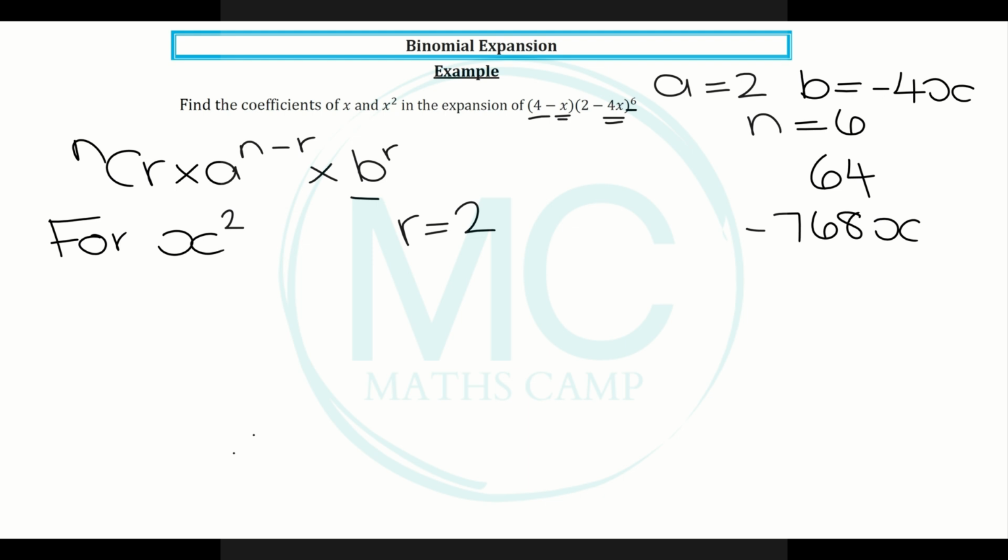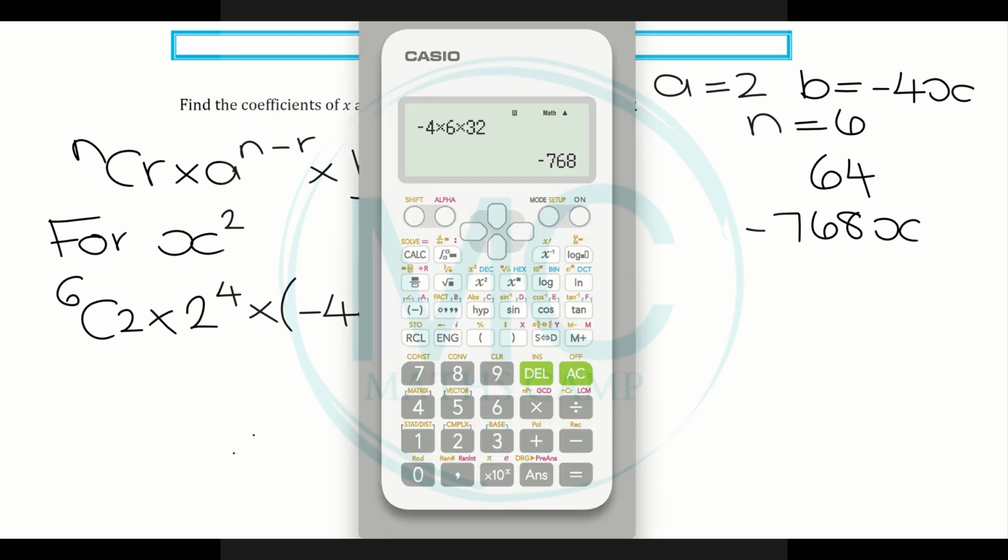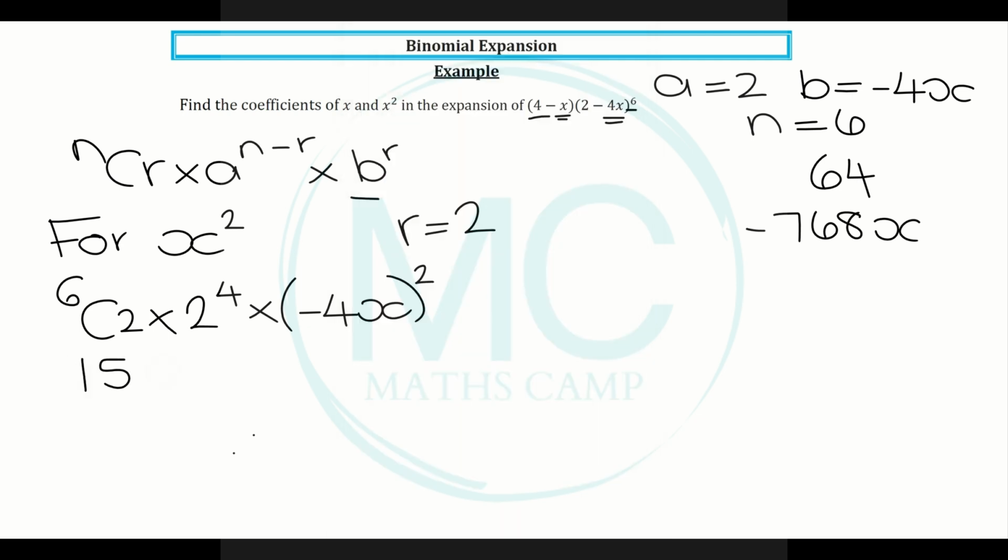So in our formula, I can now say 6c2 multiplied by 2 with an exponent of 6 minus 2, which is 4, multiplied by negative 4x squared. Let's take my calculator. For NCR, I can say 6c2 is equal to 15. So it becomes 15 multiplied by 2 to the 4 is 16 multiplied by negative 4 squared is also 16.